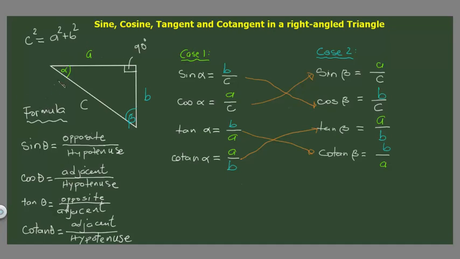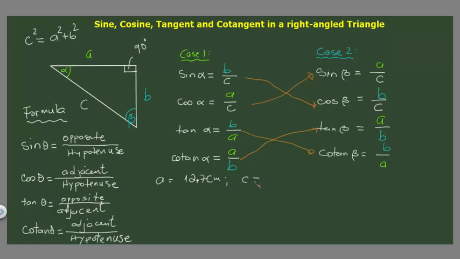Okay, so now we're going to take a little example where we have a right angle triangle. A is given as 12.7 centimeters, and C is given as 24.9 centimeters.